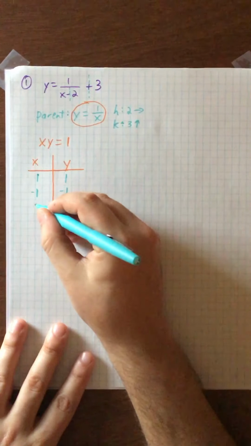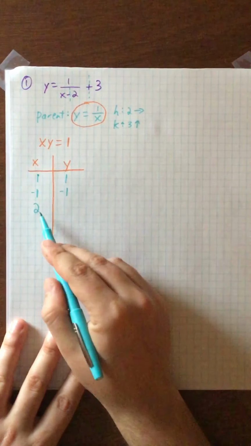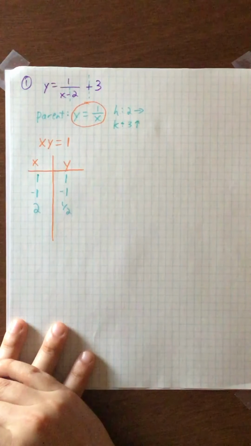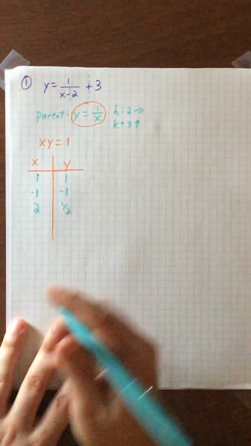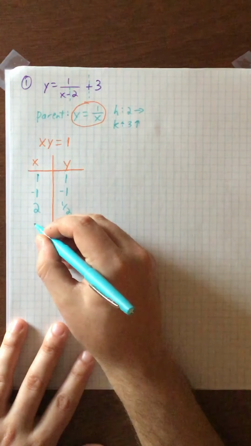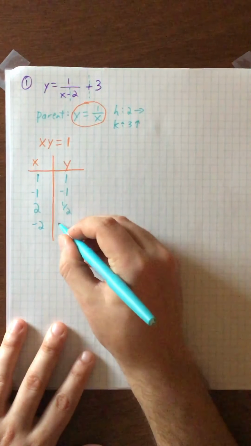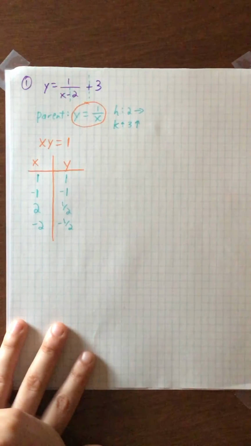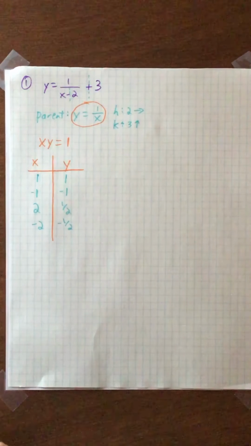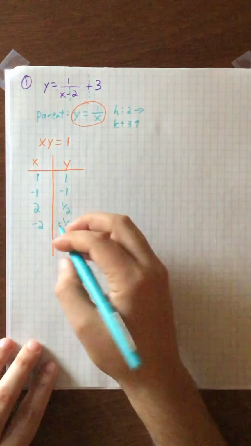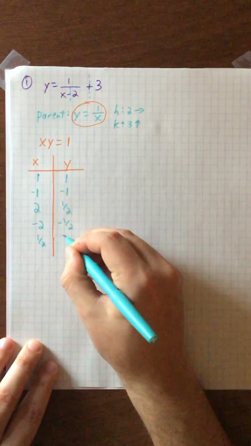How about 2? If I do 2 for x, I would need 1/2 for y. I can also do negative 2 times negative 1/2. So there I just flip the signs. Now I can flip the numbers. Instead of 2 times 1/2, I can do 1/2 times 2.